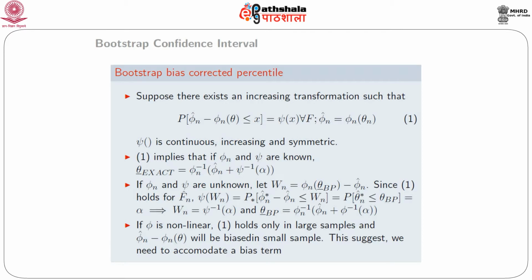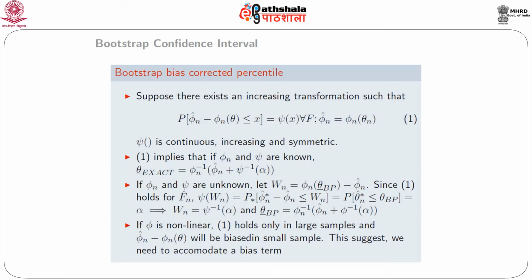Now, if phi n and psi are known, then theta exact is equal to phi n inverse of (phi n hat plus psi inverse of alpha). If phi n and psi are unknown, then let W n be phi n of theta BP minus phi n hat. Since the first equality, that is the probability of phi n hat minus phi n theta less than or equal to x is equal to psi of x, holds for F n hat also.